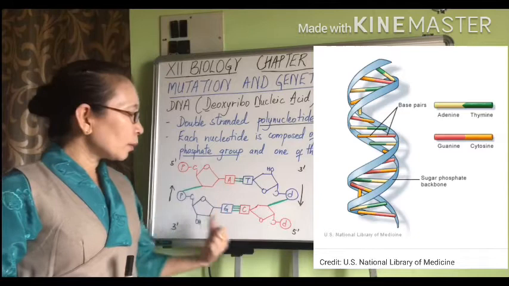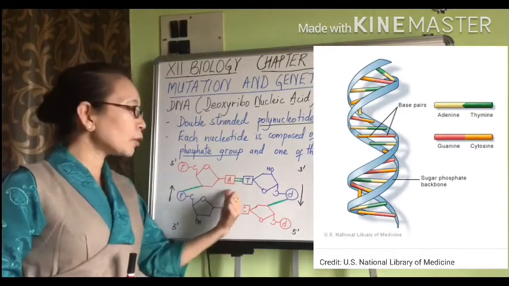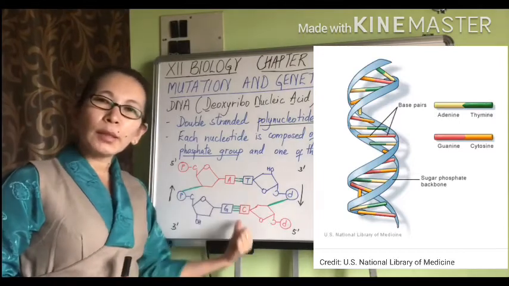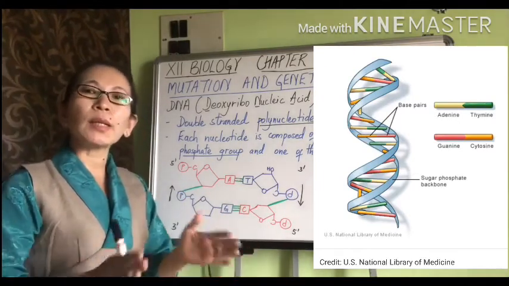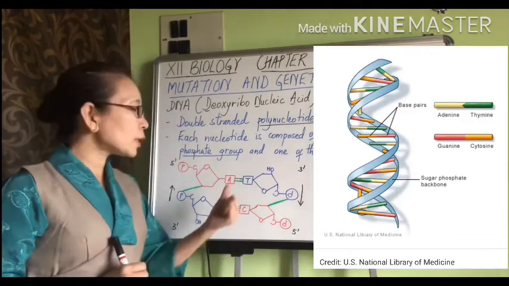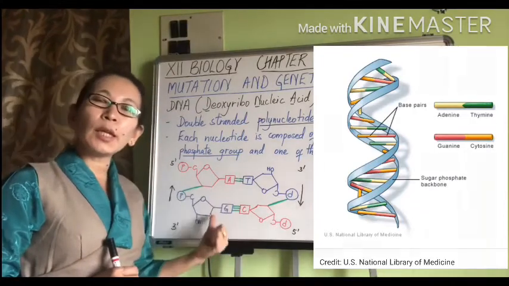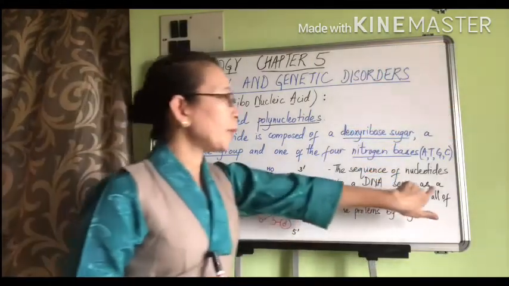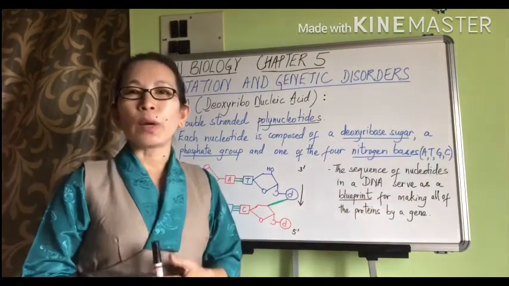Now, the sequence of nucleotides or base pairs in a DNA or in a gene, because a gene is basically a segment of DNA, serves as a blueprint for making all the proteins of our body.